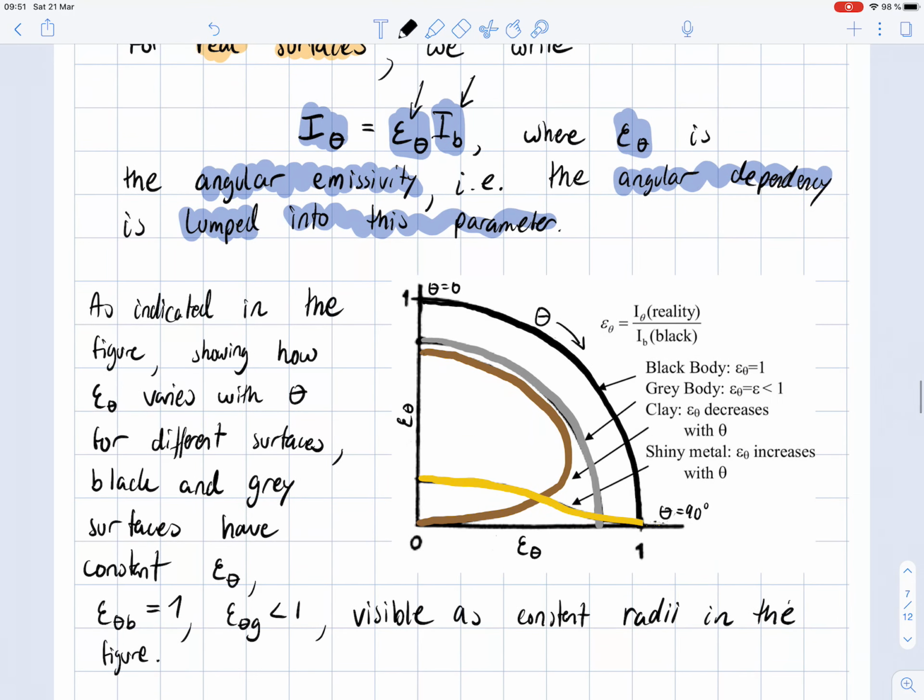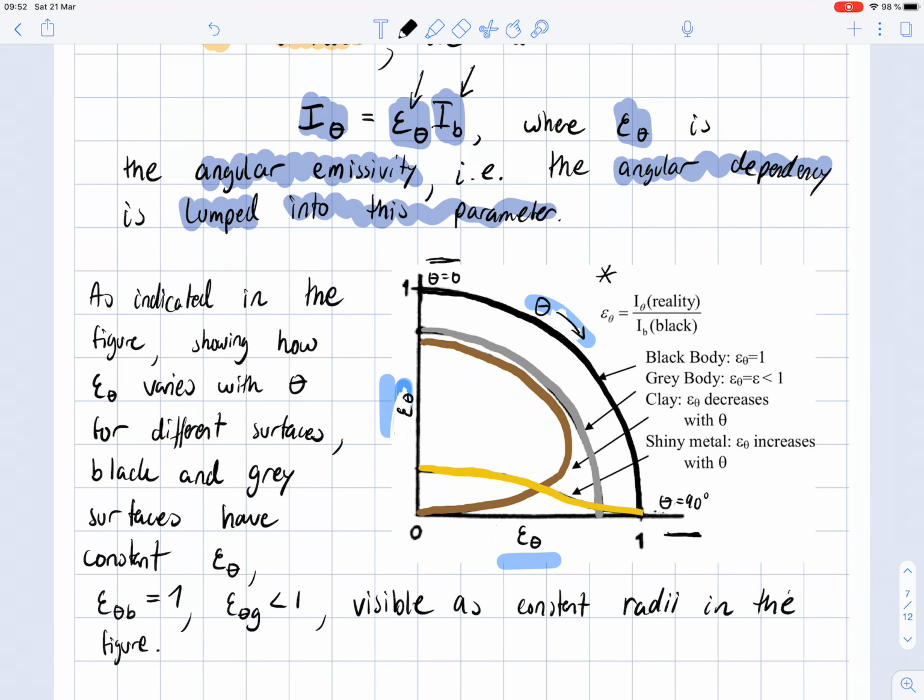We have here a quite complicated figure, it may appear. On the y-axis, we have epsilon as a function of theta. On the x-axis, we also have epsilon as a function of theta. And theta will go from the top here, where theta equals 0, to the bottom here, where theta equals 90 degrees.